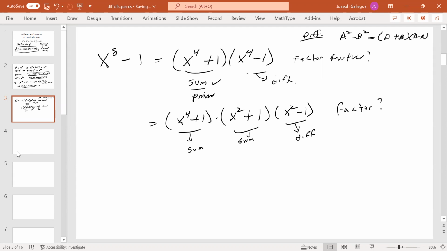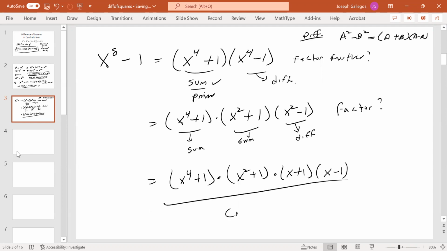One more step in factoring: we carry the x to the 4 plus 1, that sum of squares, down. We carry the x squared plus 1, the next sum of squares, down. But now the difference of squares x squared minus 1 can factor as x plus 1 and x minus 1 in the set of parentheses. And now this is complete.